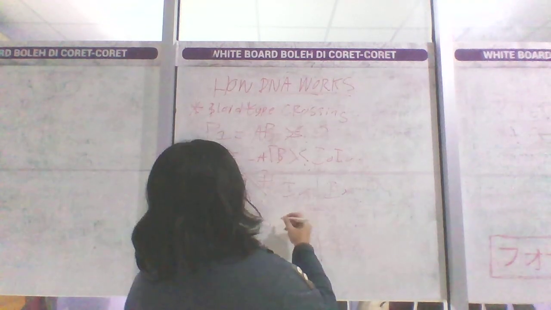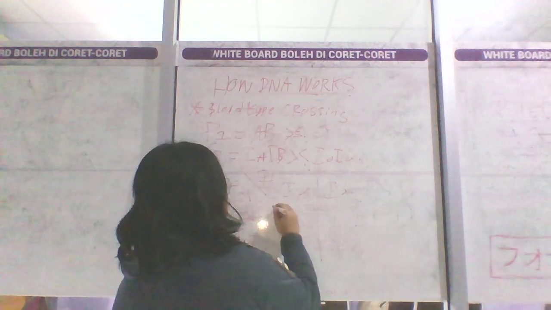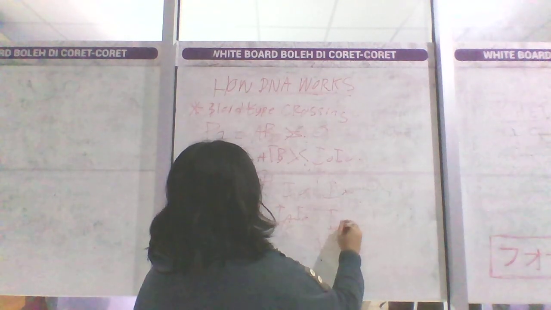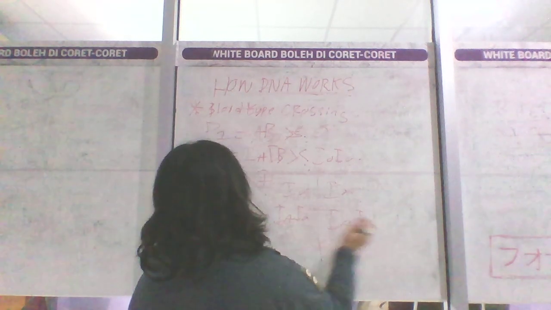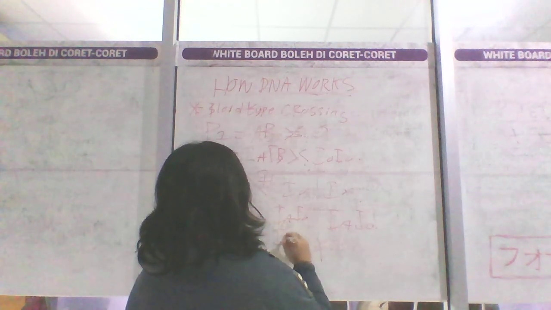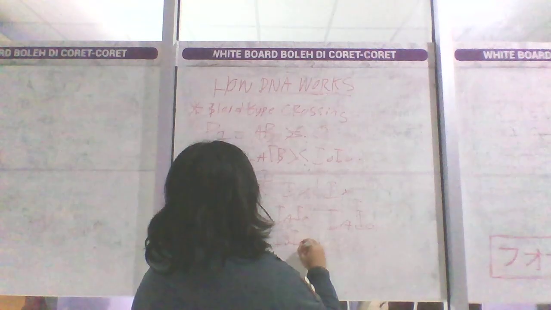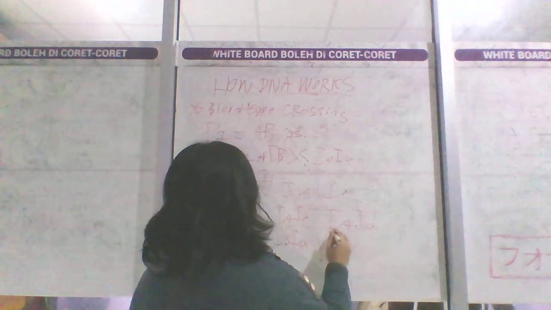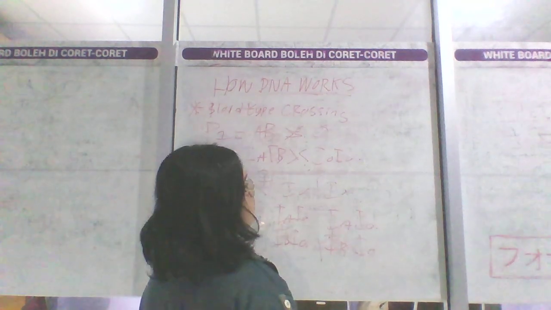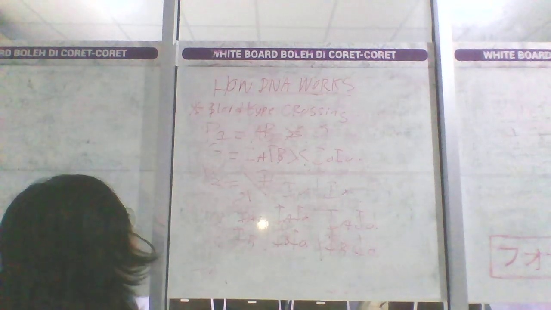We have the first box, this is IAIO, and then the next one is IBIO, and then the bottom row we have IAIO, and the left one we have IBIO. So it's the same, a half probability.